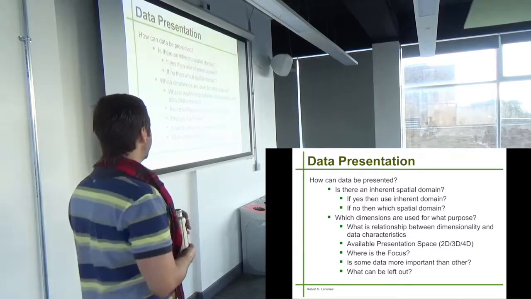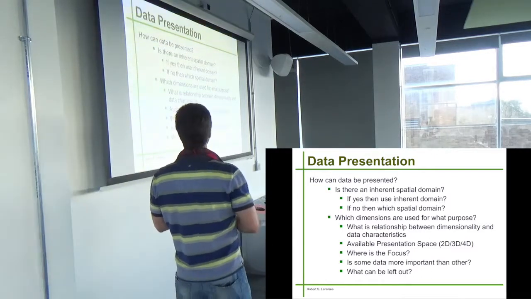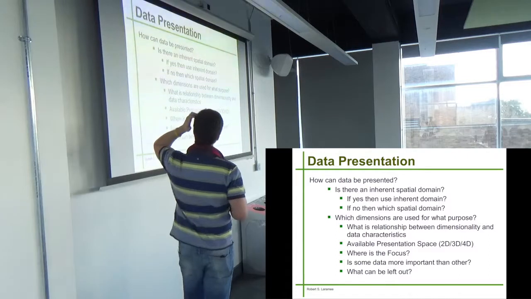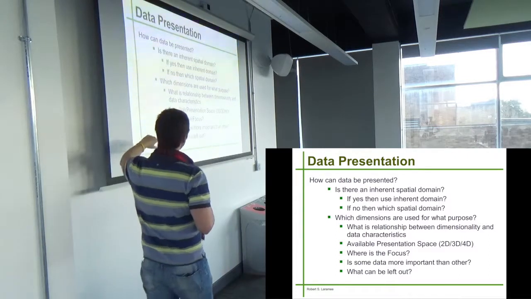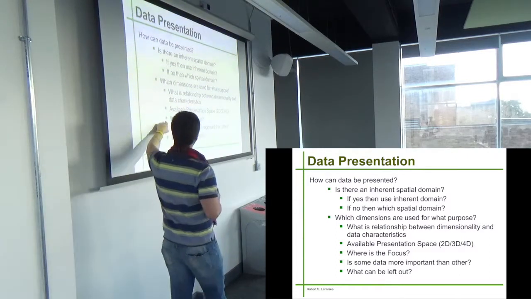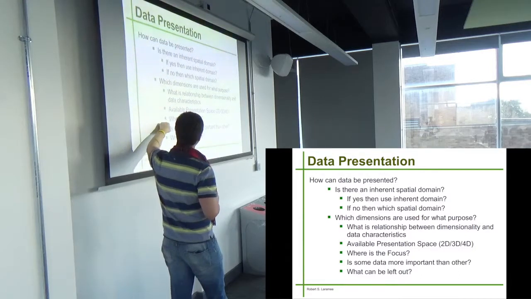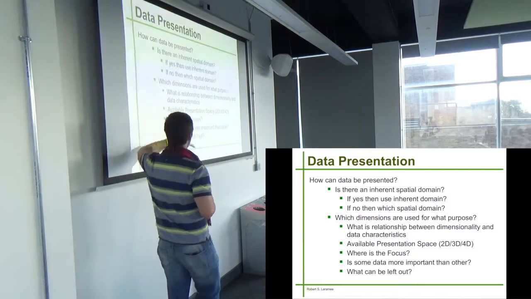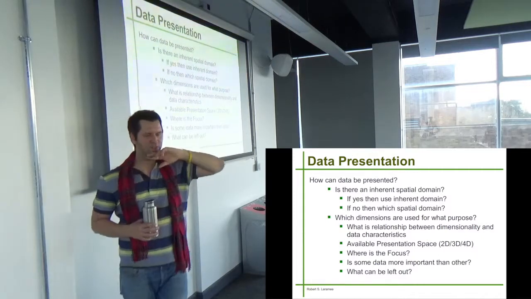And then which dimensions are used for what purpose? What kind of presentation space do we have available? This is a very interesting question. So there's a lot of subtlety here. Like, where is the focus?